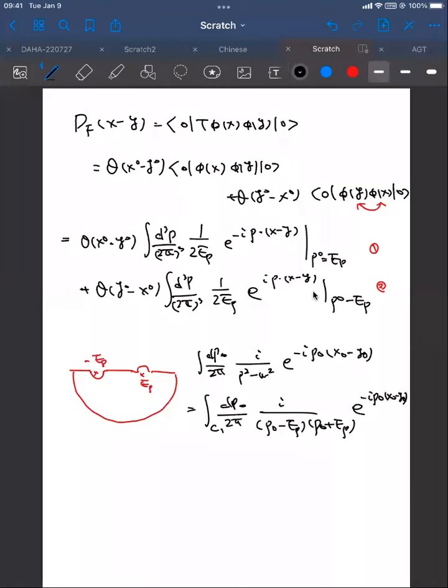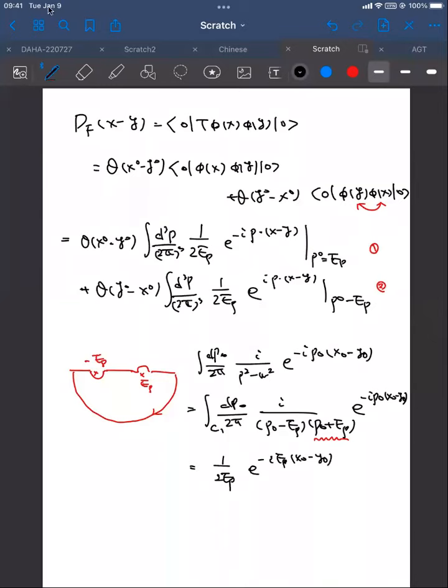You just pick the pole here, and paying attention to the contour direction, what you get is 1 over 2 E_p, e to the minus i E_p (x0 minus y0). That was okay.